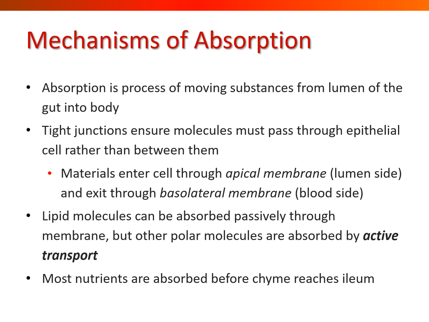So all of those different mechanisms that we talked about earlier. Now, lipid molecules can be absorbed passively through the membrane, but other polar molecules have to be absorbed by an active transport mechanism. So we're typically going to have a little bit of ATP expended in order to make a large number of things move across the epithelial cells and into the blood supply.